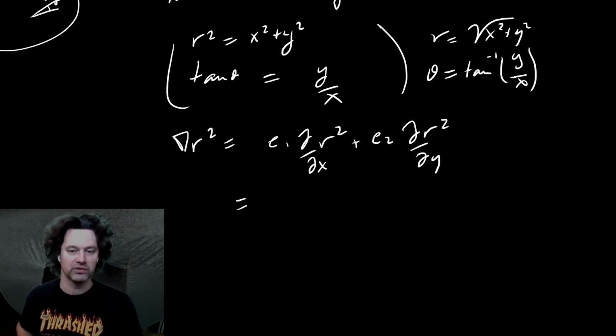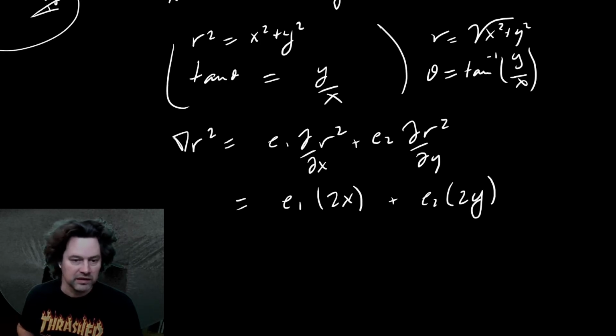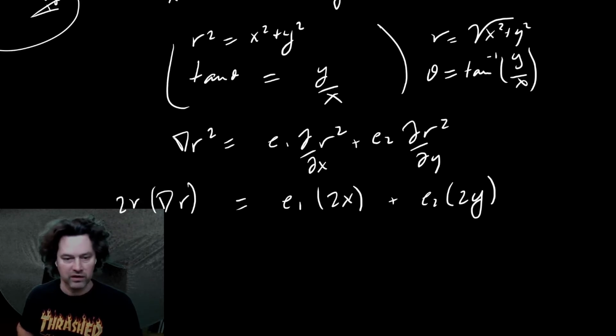That one is easy to compute. That is just going to be e1 times ∂(x squared)/∂x, which is 2x, plus e2 times 2y, and the gradient of r squared is going to be 2r grad r.